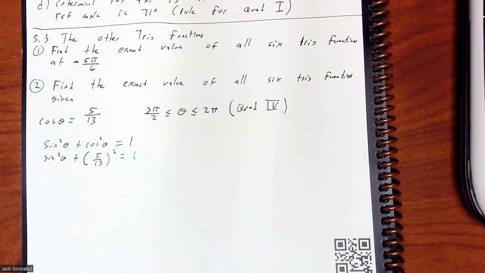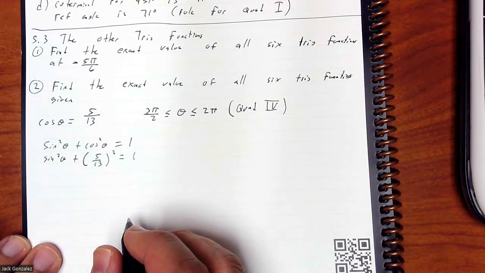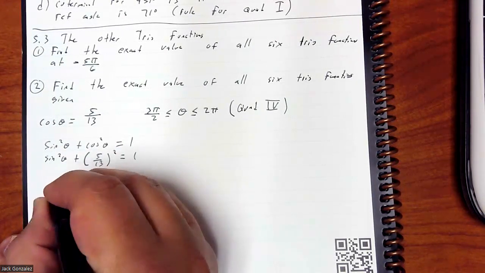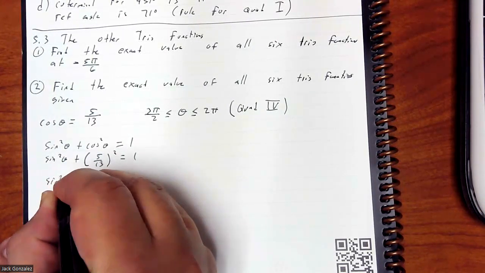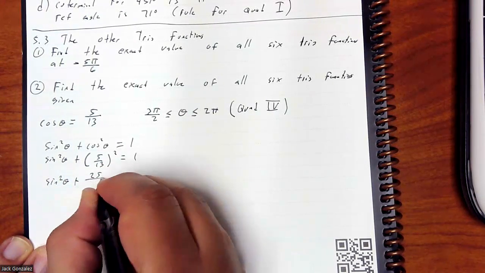Subtract that 5/13 over, which is the same as 25 over 169, right?